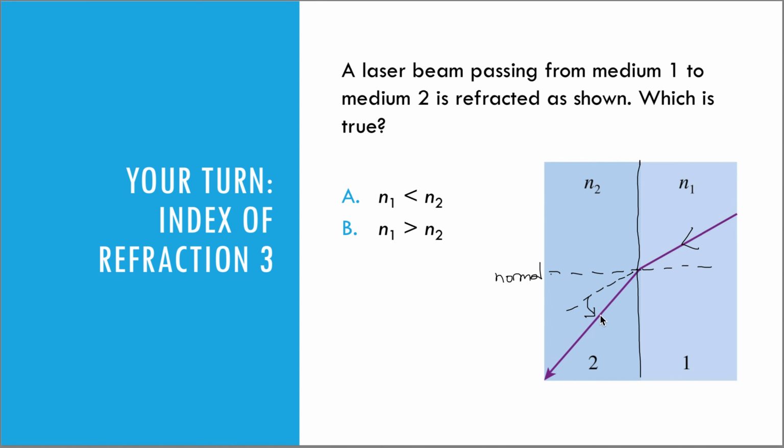So when the ray bends away from the normal, that means you're going into a faster material where your light is faster. That means that the index of refraction is lower. So your n2 here is lower than your n1. So the answer was B.